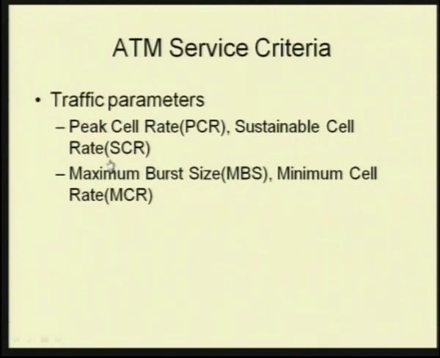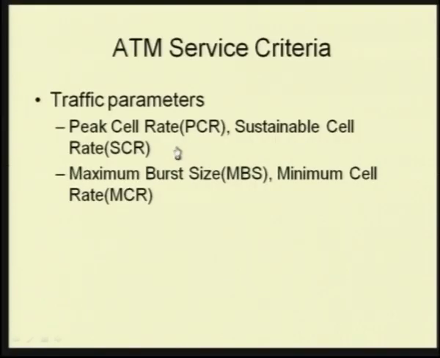Sustainable cell rate is the rate at which you expect cells to be sent. So, we have something called a peak cell rate and sustainable cell rate. When you have variations in the cell rate, then you will have a peak cell rate and a sustainable cell rate, which could be different from each other. So, that is important to look at. Then we talk about maximum burst size and a minimum cell rate.